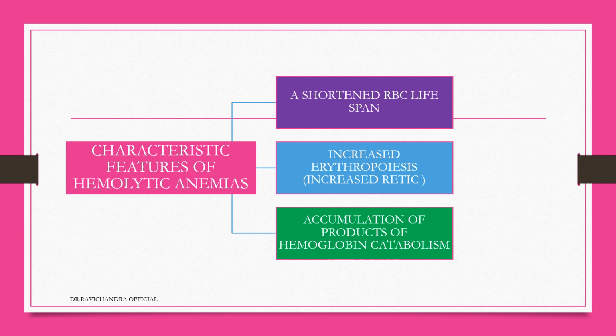There will also be accumulation of the products of hemoglobin catabolism: heme will be further converted into conjugated bilirubin and excreted in the urine as urobilinogen and as stercobilinogen in the feces.